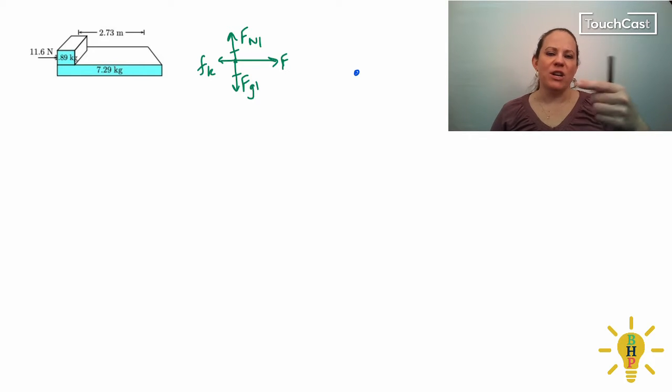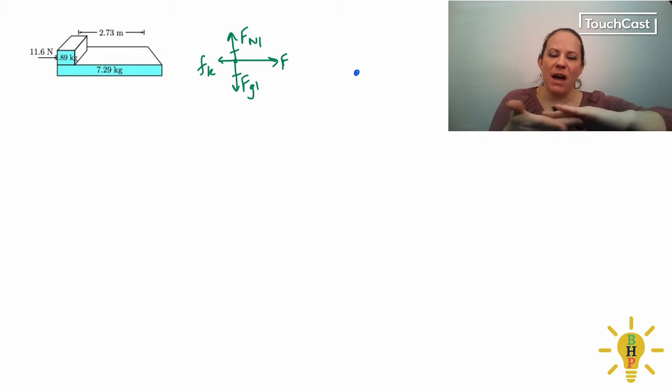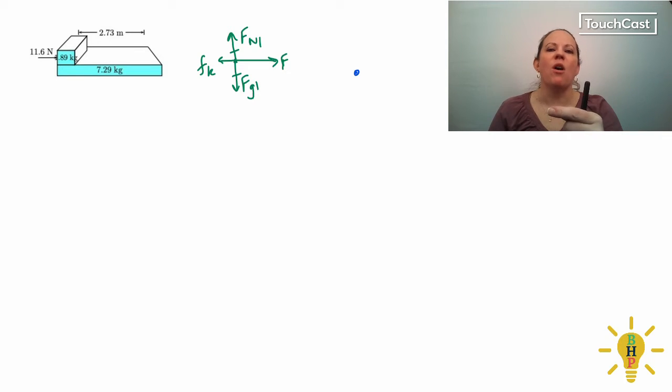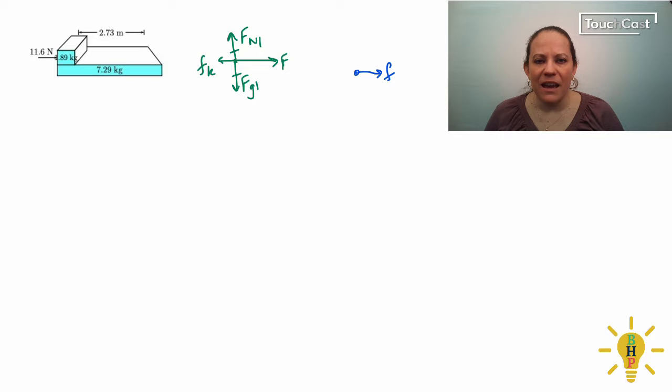So if friction between the small block and the big block is pulling backward on the small block, then it's friction pulling forward on the big block that's going to make it accelerate. So I'm going to go ahead and draw as close to the same size as I can and label it small f k for kinetic friction.